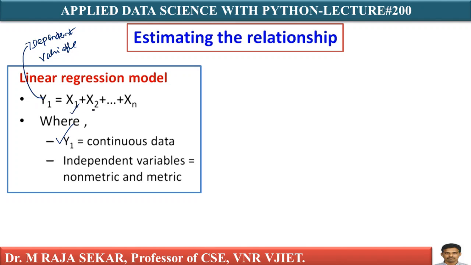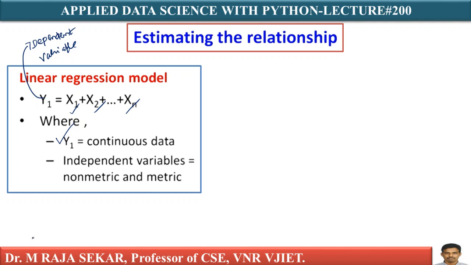What about x1, x2, and so on, xn? They are independent variables. These independent variables may be metric or non-metric.